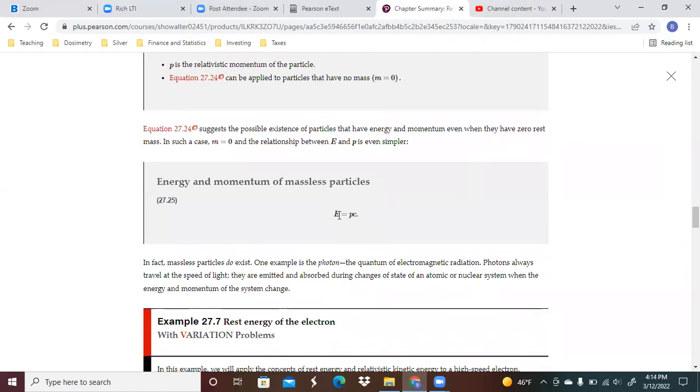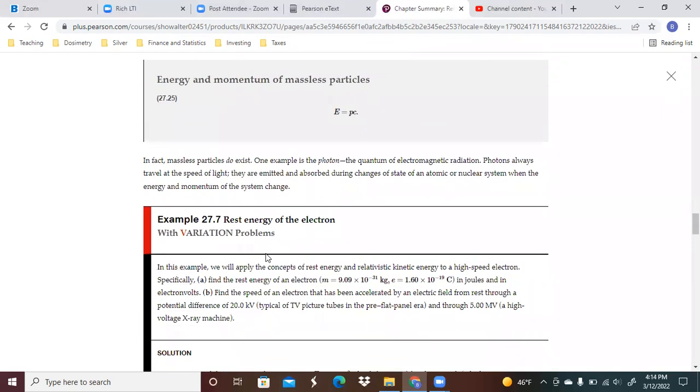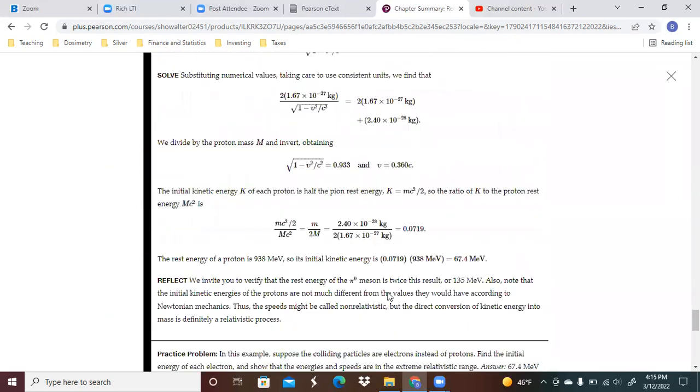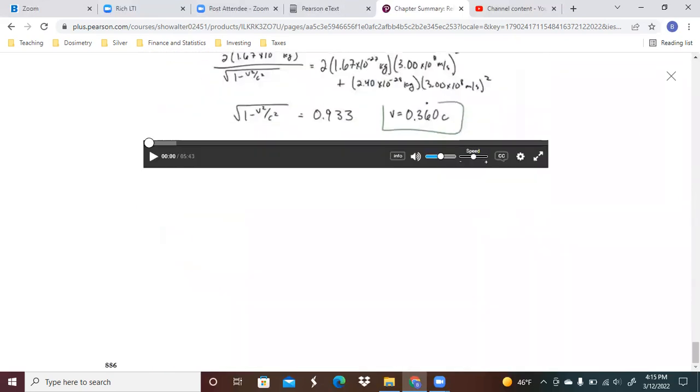If you have massless particles, this is how energy and momentum are related to each other. Massless particles, in fact, do exist. A photon is an example of one of them. They always travel at the speed of light. They're emitted and absorbed during changes of state of an atomic or nuclear system when the energy and momentum of the system change. So again, you've got some problems you can work through there.